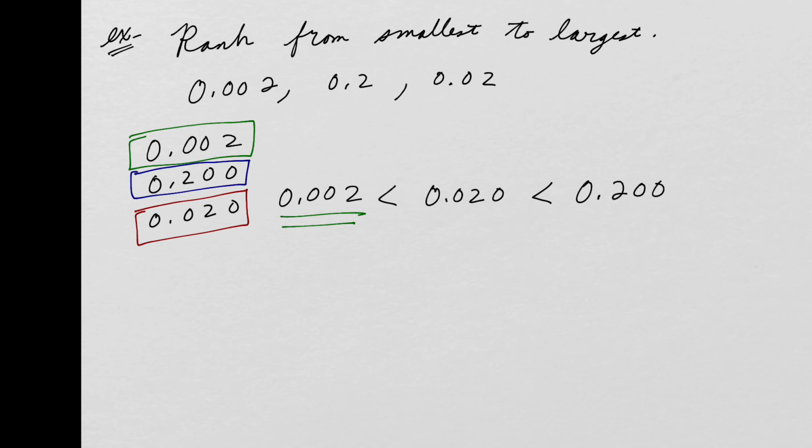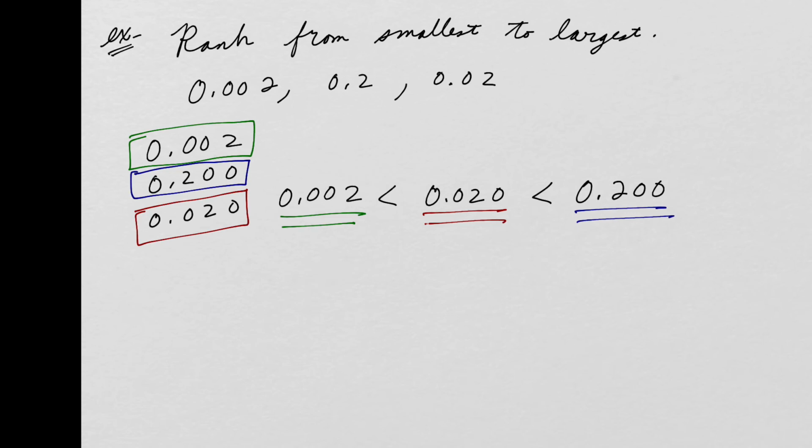The red one is 2 hundredths. And then the blue one, largest one, is 2 tenths, right? So 2 thousandths is less than 2 hundredths, which is less than 2 tenths. Actually, let me do it in the same color.